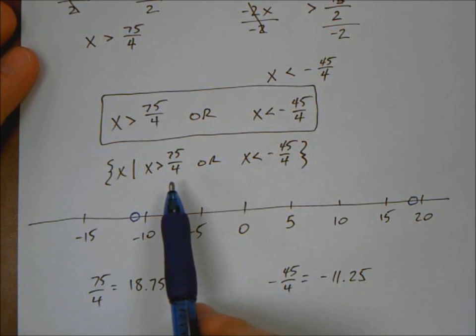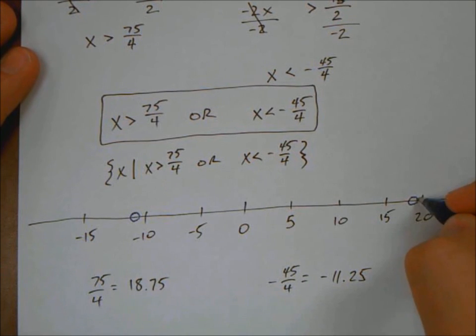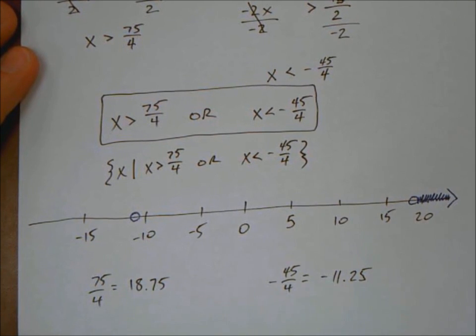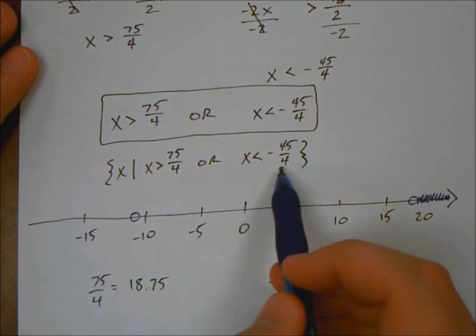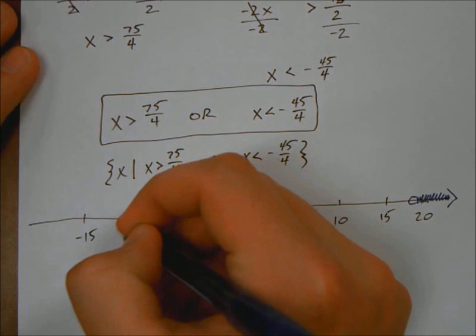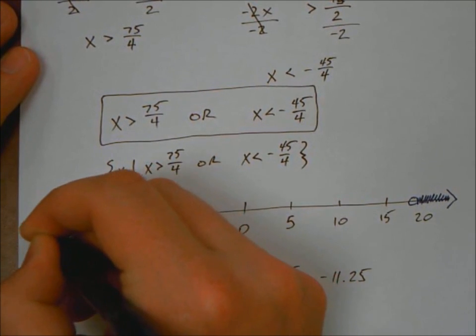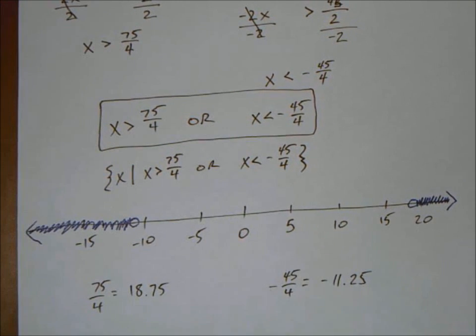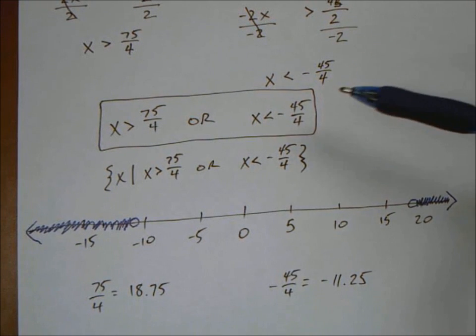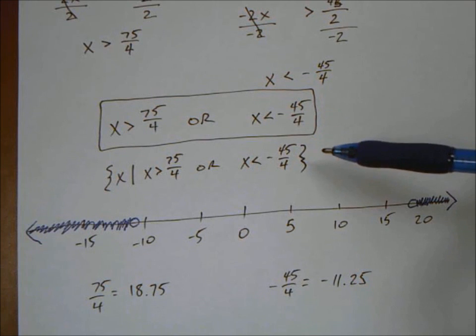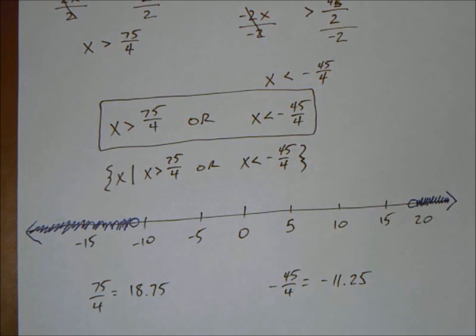X is greater than 75 over 4, greater than is this way, greater than that point, and less than negative 45 over 4. That's in this direction. So I shade over here. And that's example 2. Notice the 3 ways to write the answer: inequalities, set notation, and as a number line. So now we can get on to example number 3.